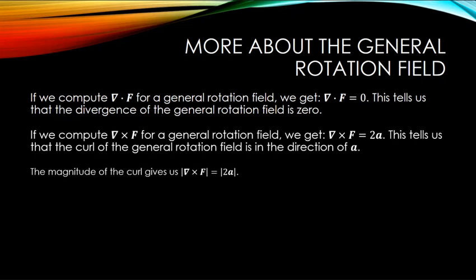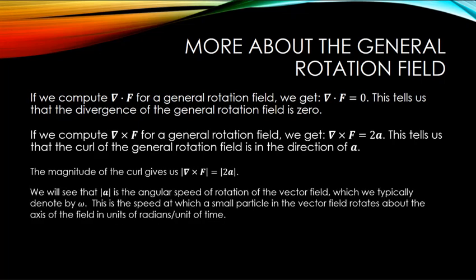The magnitude of the curl gives me the magnitude of del cross F, which is equal to the magnitude of 2A. We will see through some problems we'll work with that the magnitude of A is the angular speed of rotation of the vector field, which we typically denote by omega.